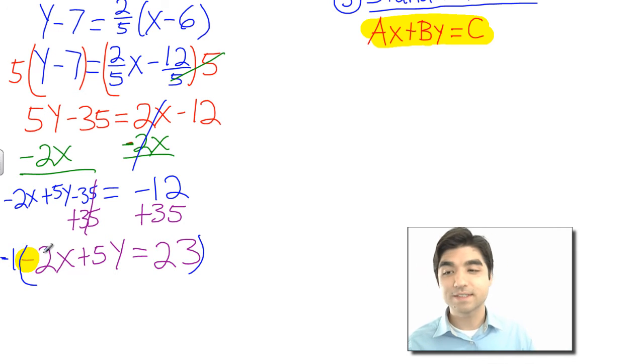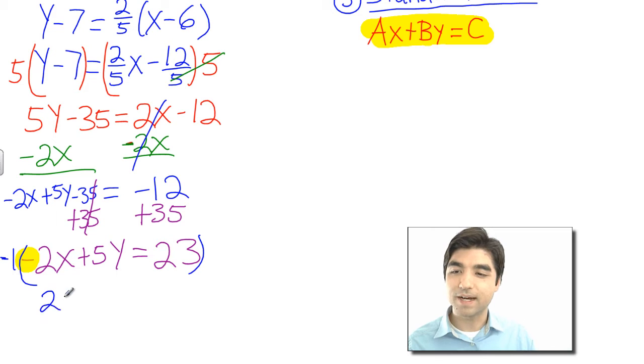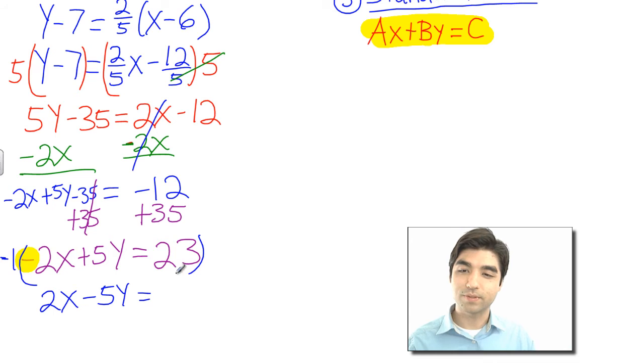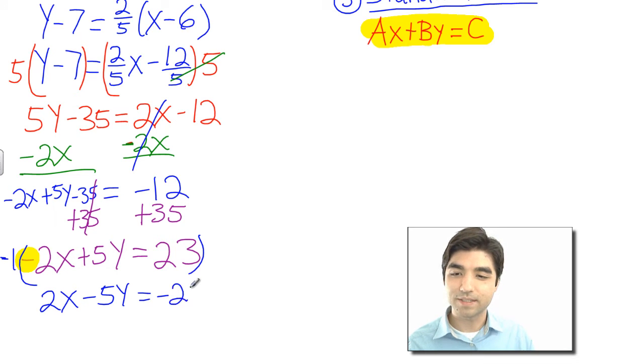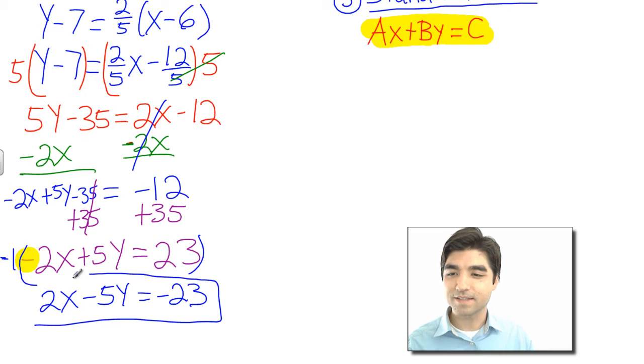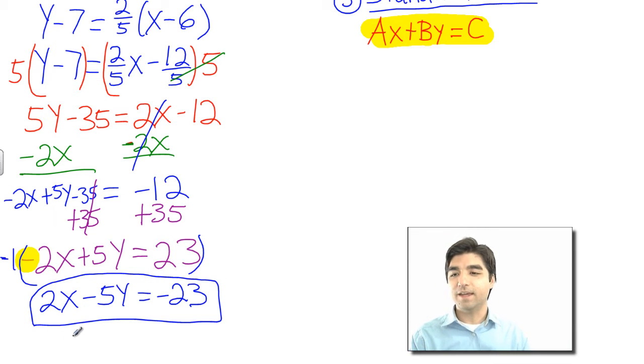So when you take -1 times -2x, that equals positive 2x. -1 times plus 5y equals minus 5y. And then -1 times 23 equals -23.